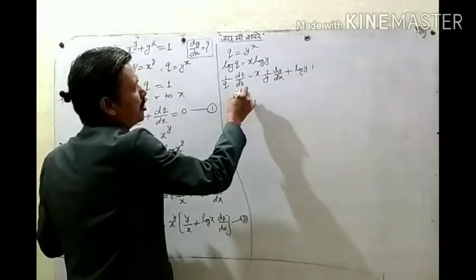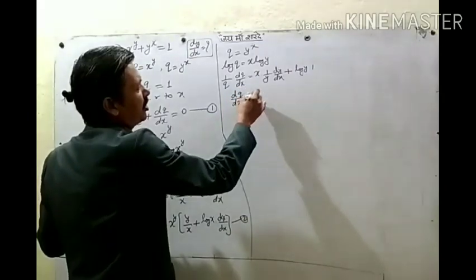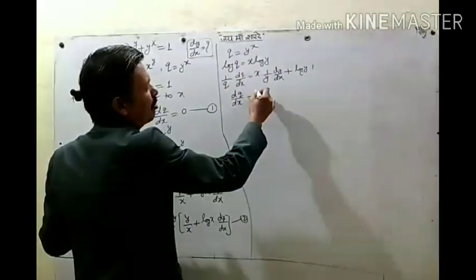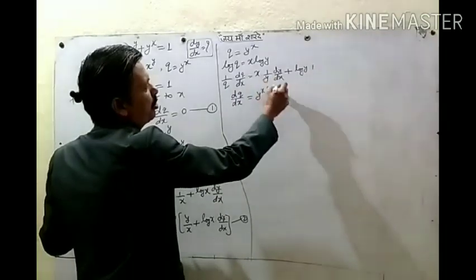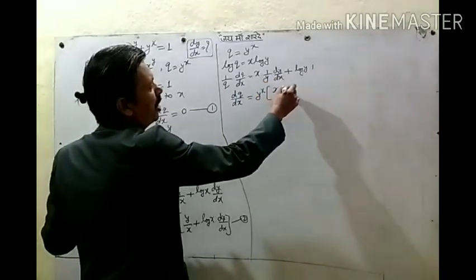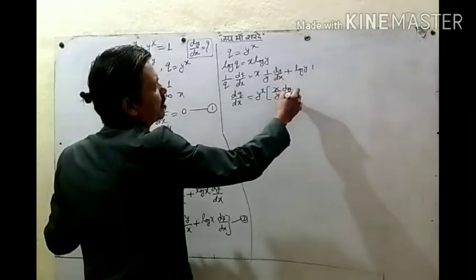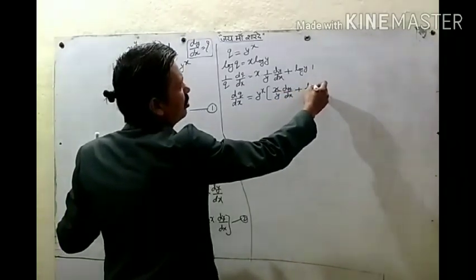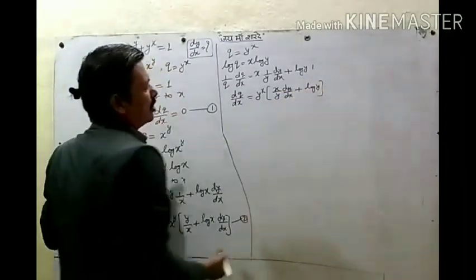So your dq by dx is equal to q, means y to the power x into x upon y dy by dx plus log y. This is the value of dq by dx.